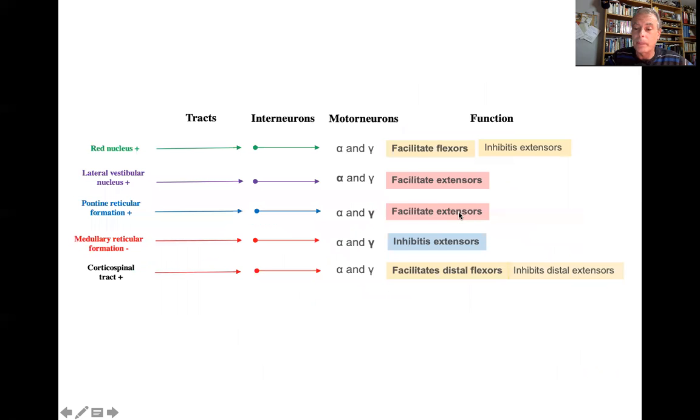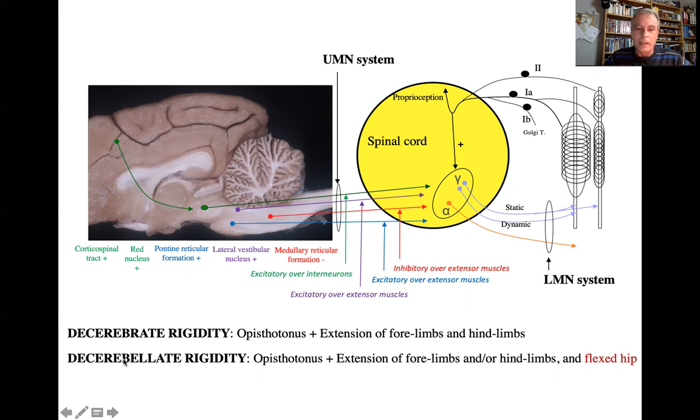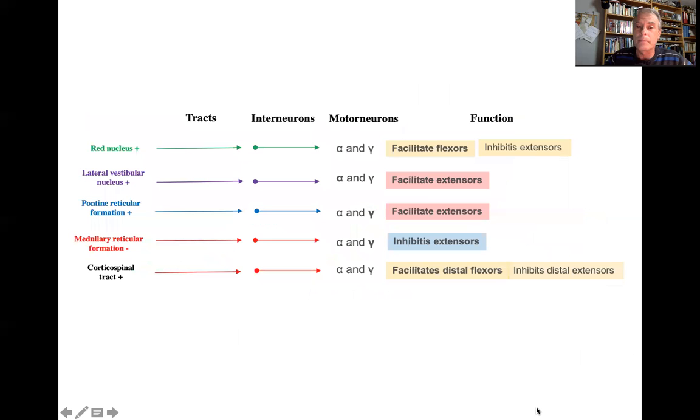But something else: the cerebellar rigidity shows opisthotonos, extension of forelimbs and/or hind limbs, and in red, a flexed hip. This is why there is a flexed hip. Summarizing, remember, the red nucleus and the others act on interneurons and on alpha and gamma motor neurons. The red nucleus facilitates flexors and inhibits extensors.